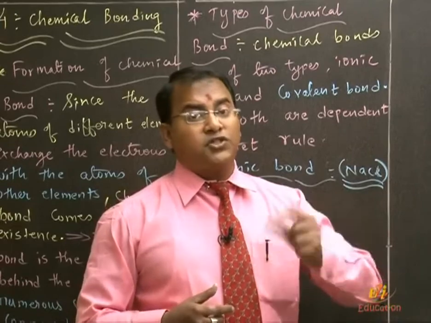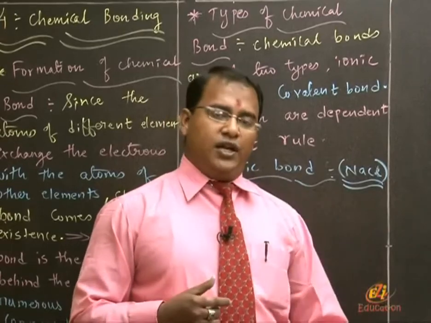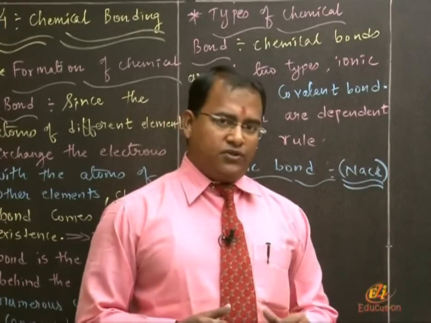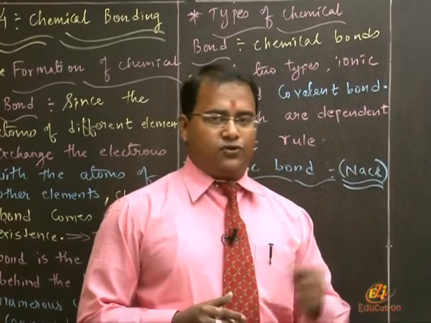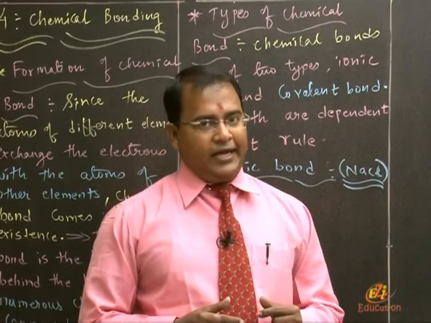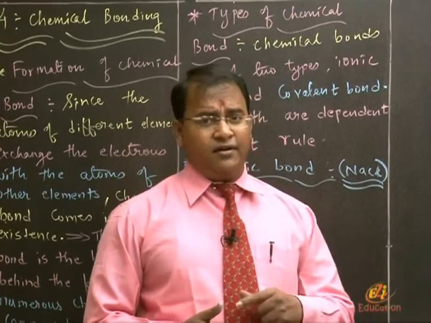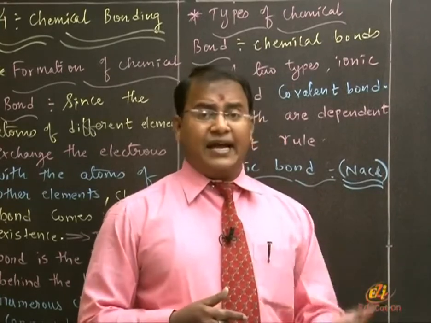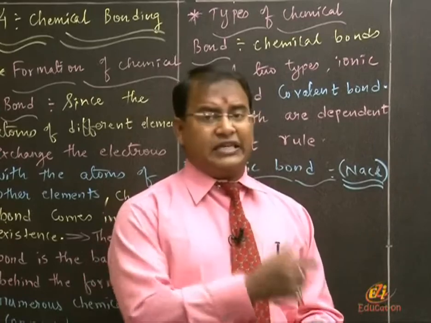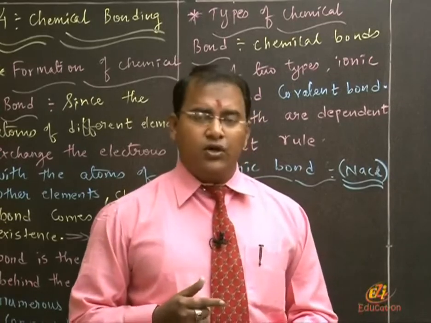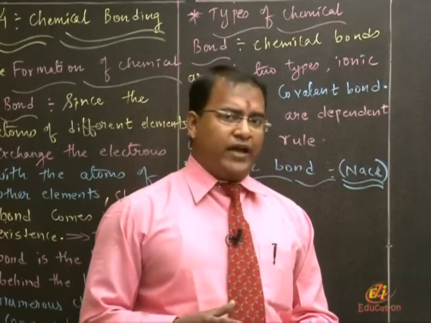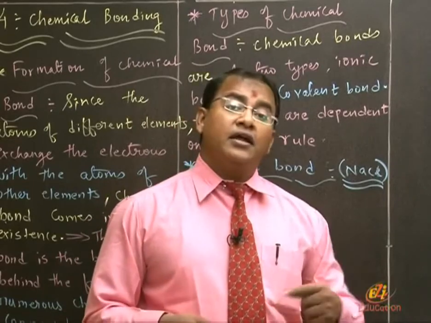Exactly opposite, if it gains electron, it will form negative ion. Depending upon the number of electrons gained, the extent of its negativity will be decided. So there are two types of ions, positive ion and negative ion.